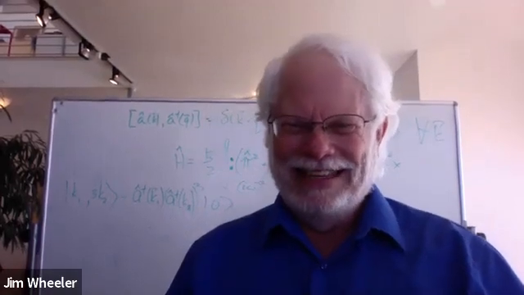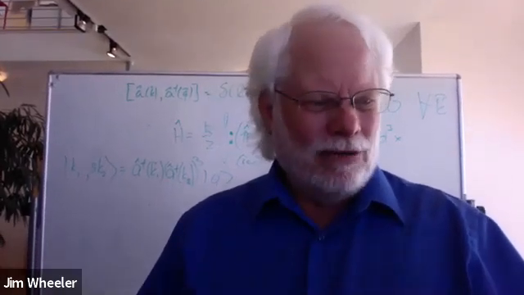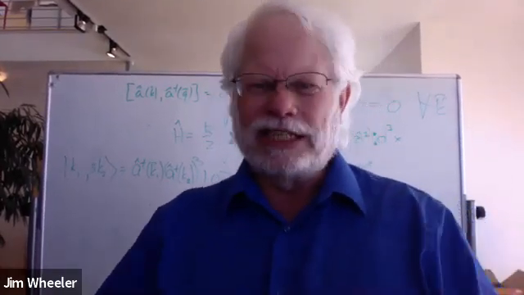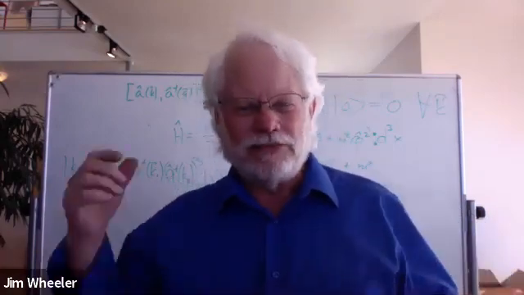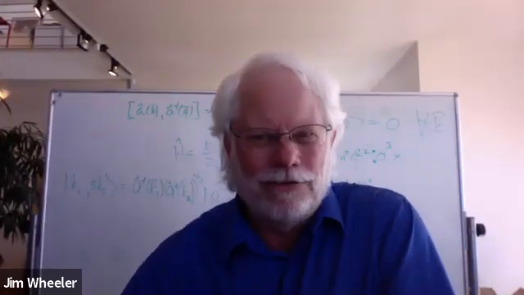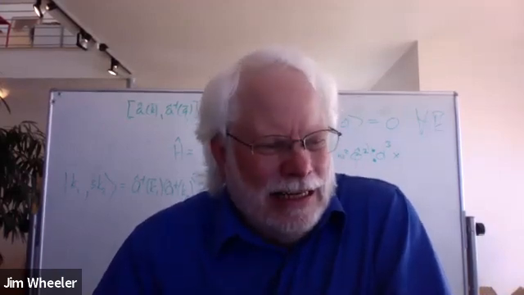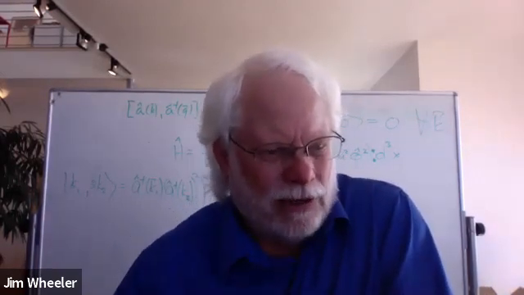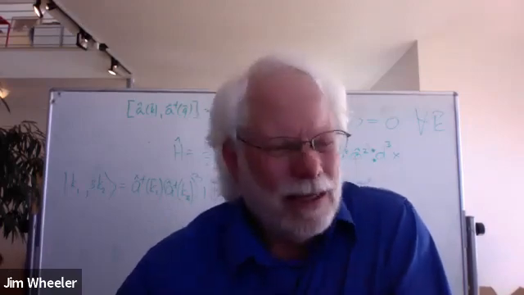There you go, as many particles as we like. So the arena, our space of states, is all n particle states, and those states can all have any wave vector that we want to assign to them.